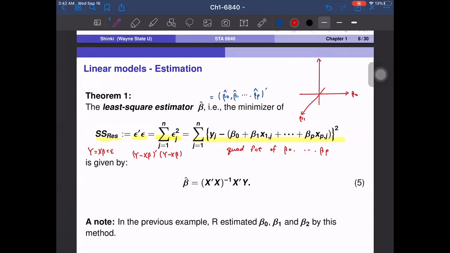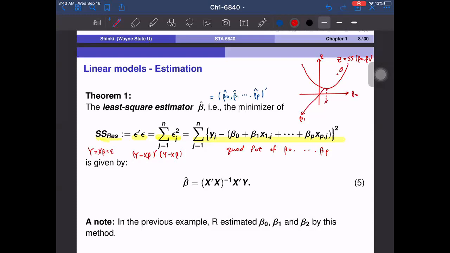Then we have a surface, where Z is equal to SS residual, a function of beta naught and beta 1. This becomes a parabola because this is a quadratic form, and you can find a unique minimizer.